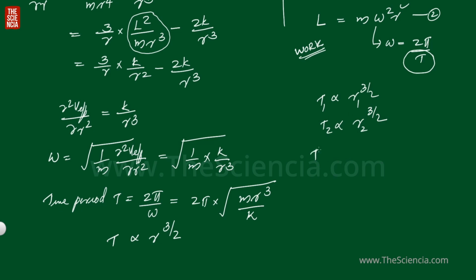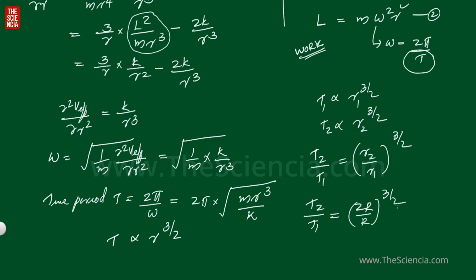Now I am dividing these two equations, that is t2 by t1 is equal to r2 by r1 all raised to 3 by 2. Now we can substitute the values of r2 and r1, that is t2 by t1 equal to 2r by r all raised to 3 by 2. So we get the relation t2 by t1 is equal to 2 raised to 3 by 2.